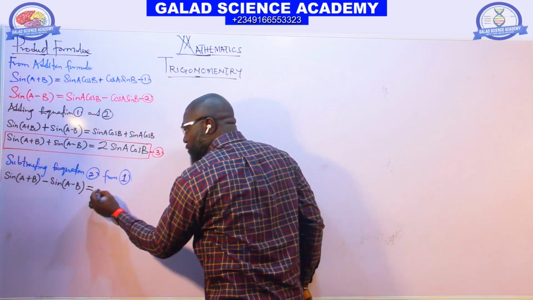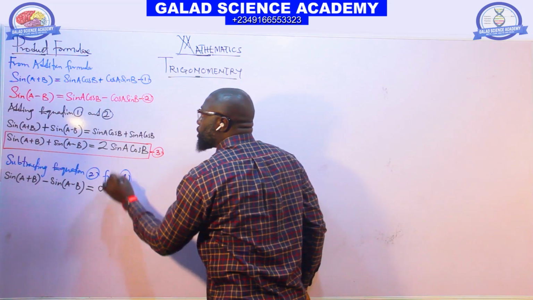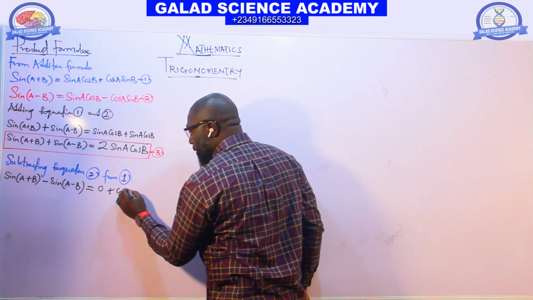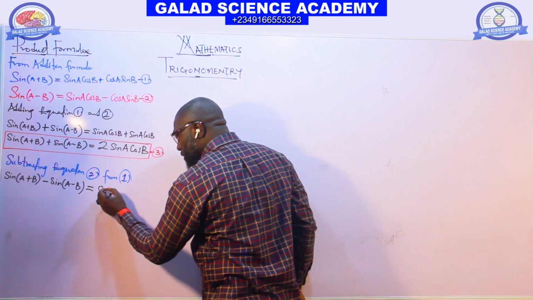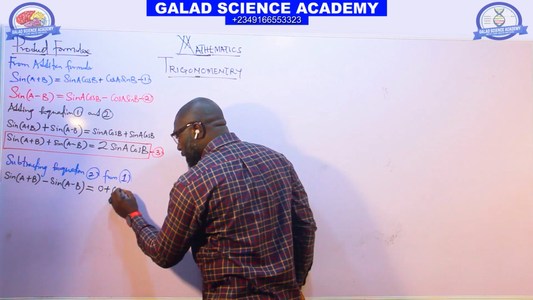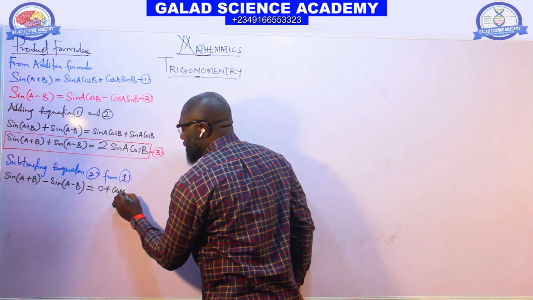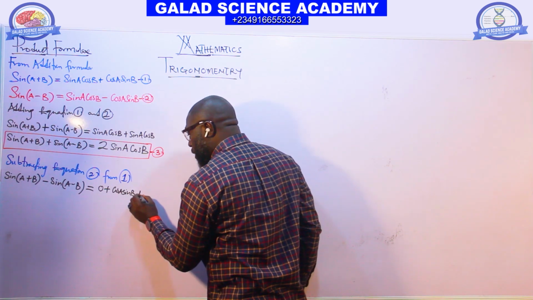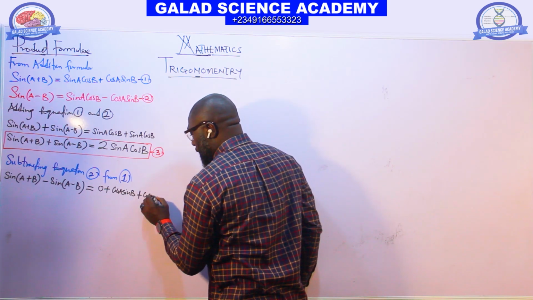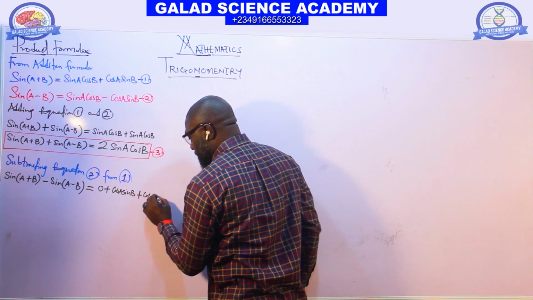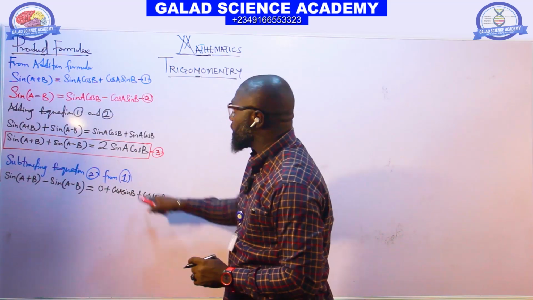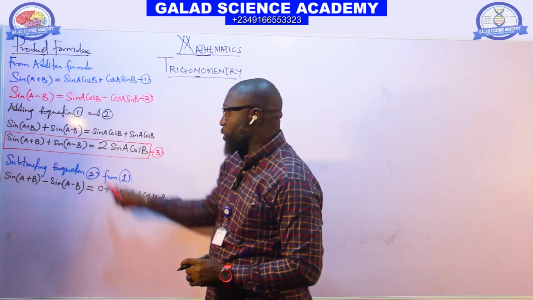So this will give us 0 plus cos A sine B, plus cos A sine B. This will cancel each other if you are subtracting.